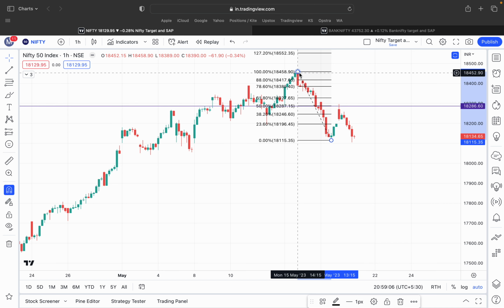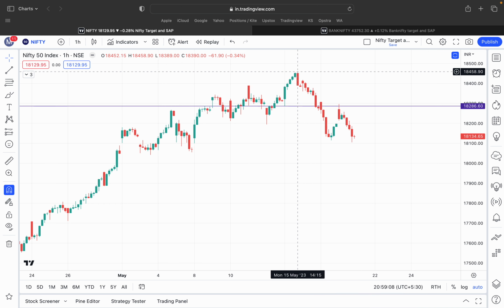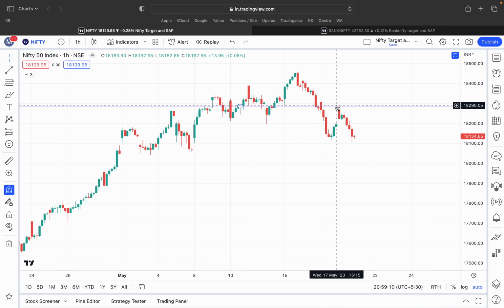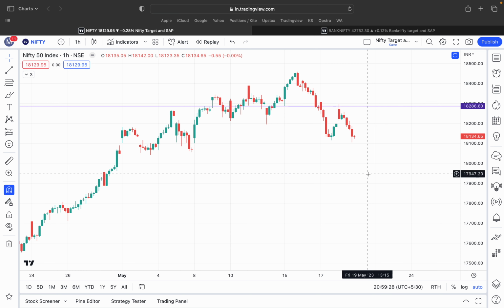So this is probably the new lower high, but we haven't yet broken the low which was formed on 17 May. This low is 18115 and we are quite near it. So it will be very crucial to watch whether we break below this low, and then go further into decline, and we may get a new lower low.